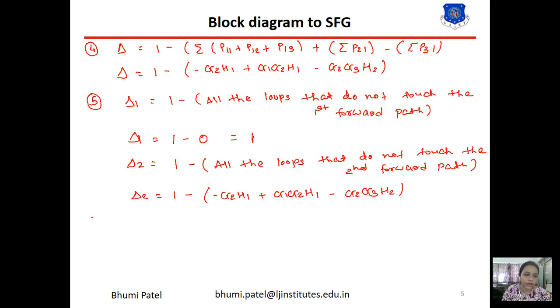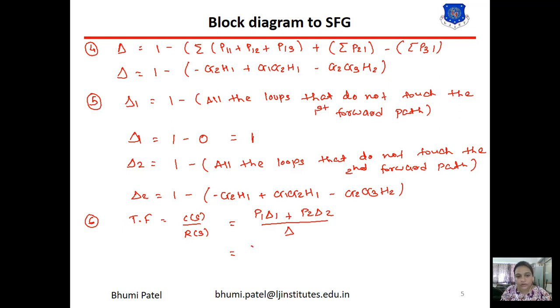Okay, now the final step of Mason's gain formula. The transfer function is the ratio of the Laplace transform of output to the Laplace transform of input. C of S upon R of S is equal to P1 delta 1 plus P2 delta 2 upon delta. Here there are two forward paths, so the equation is like this.